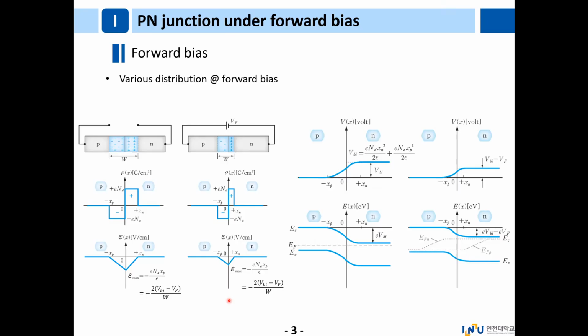As the width of the depletion layer decreases, the electric field decreases, and at the same time, the potential also decreases to VBI minus VF, so that the energy barrier is lowered to VBI minus VF when electrons existing in the conduction band of N region proceed to the P region.